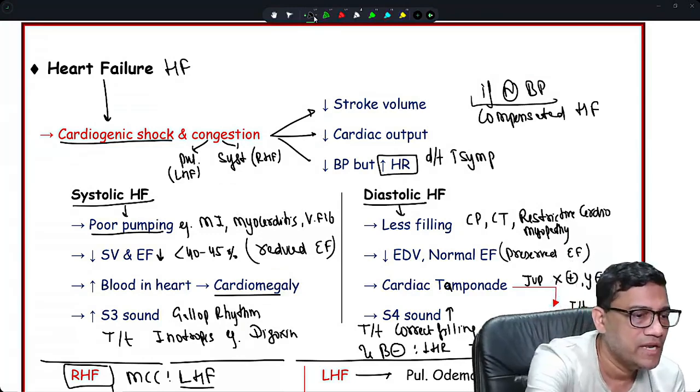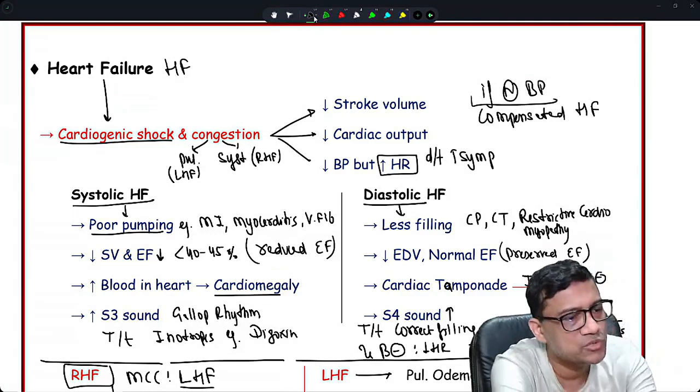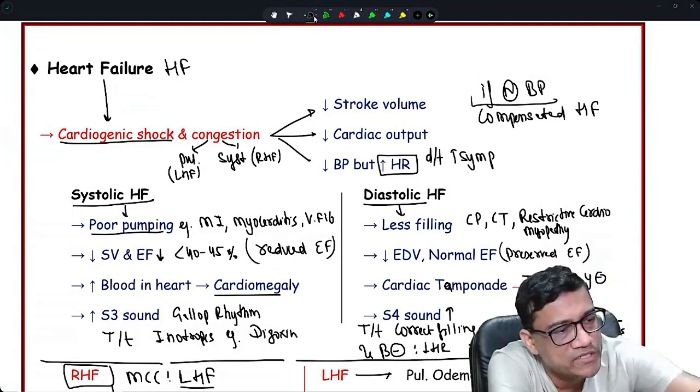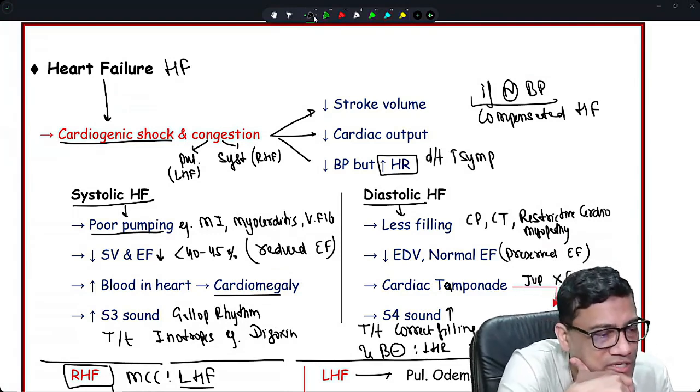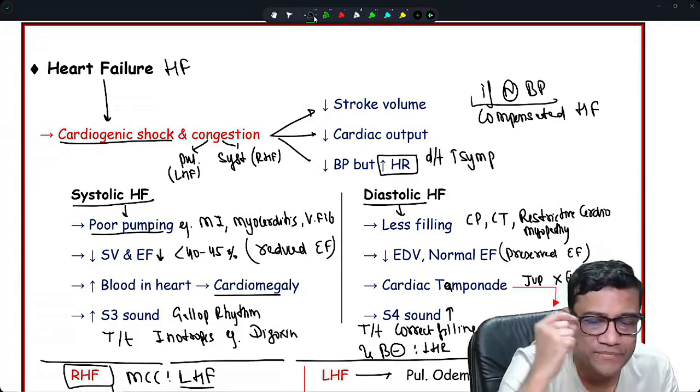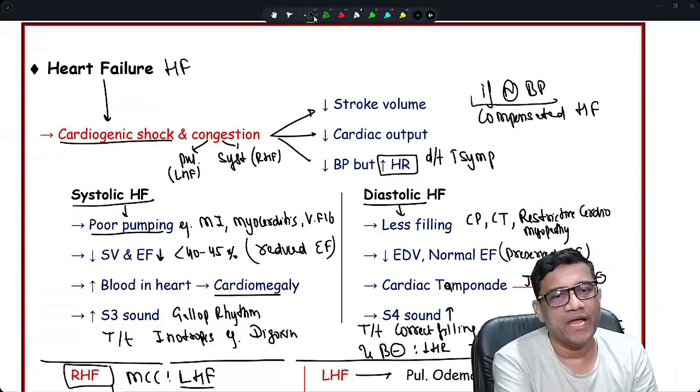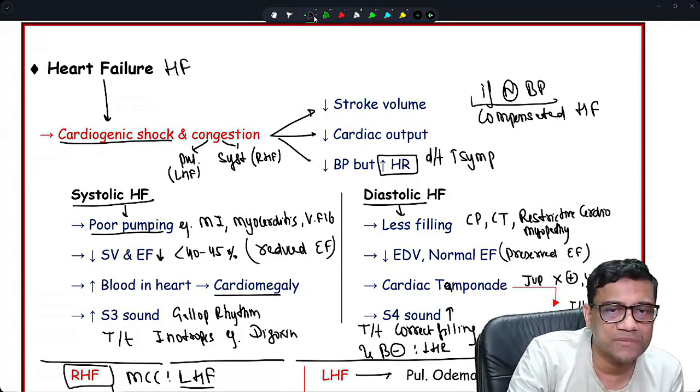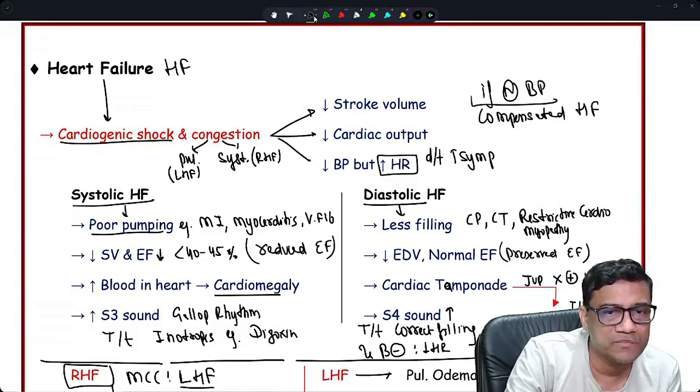Landiolol, very good, it is used in atrial flutter and fibrillation as a rate control agent. And if there is systemic congestion, that is in the body, like pedal edema and ascites.